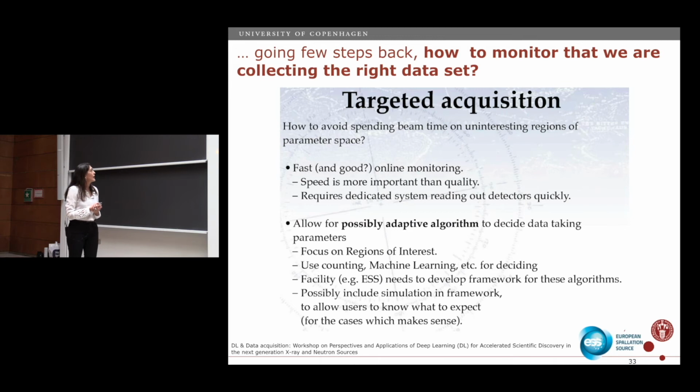So these are some results that came out from a workshop that we held last year at the Niels Bohr Institute. One point that was discussed: can we have some adaptive algorithm that uses machine learning to make some decisions?